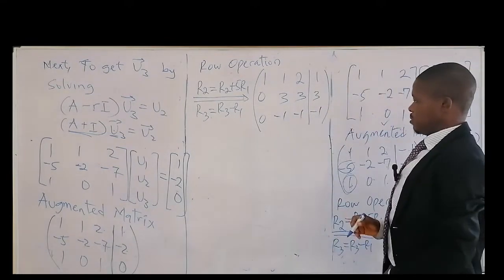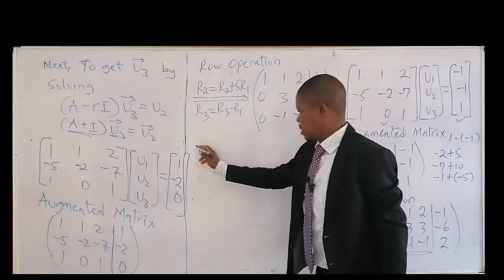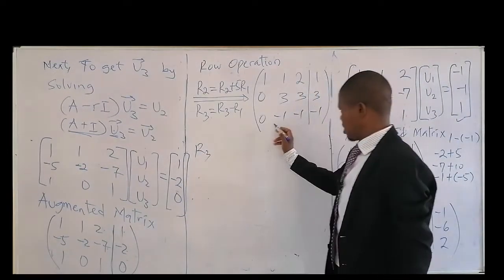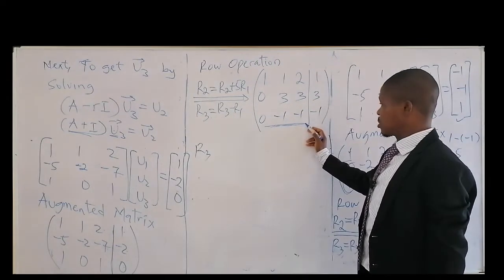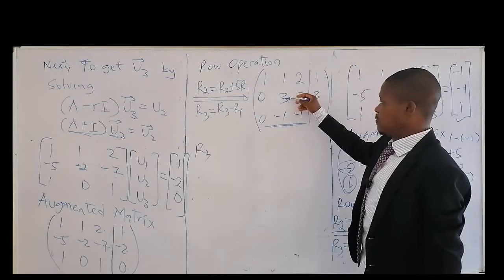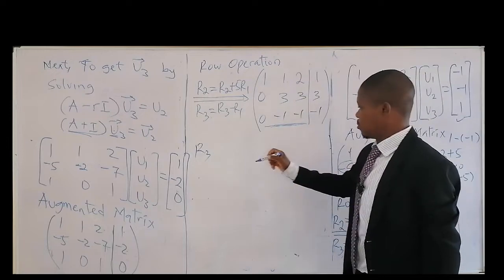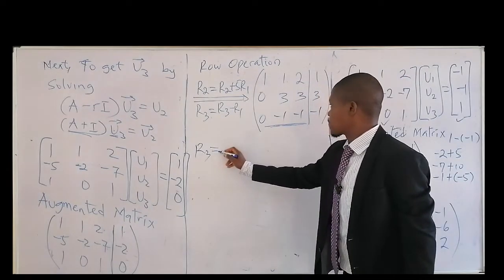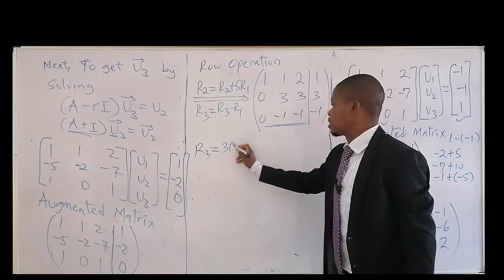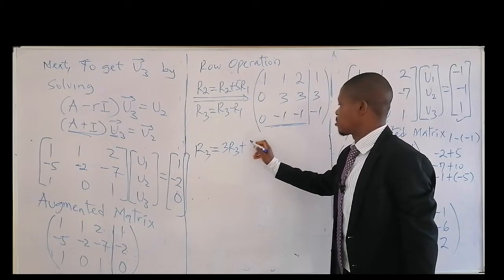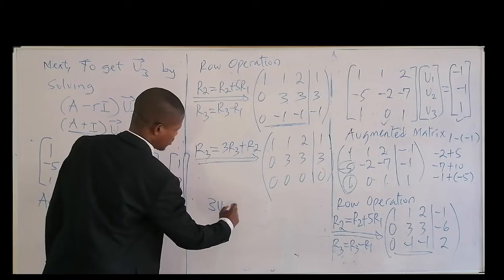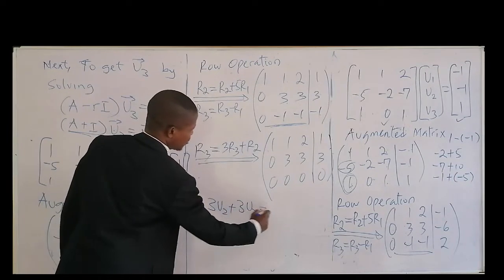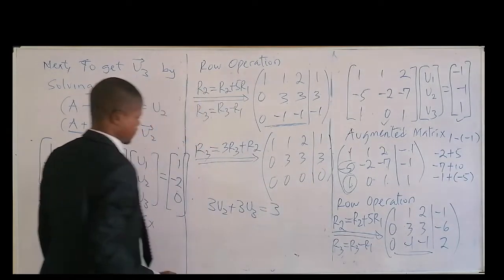Okay? What we do now, row 3, let's just make this third row to be all zeros. Okay? So I'll just solve second row and first row. So row 3 will be equal to 3 plus row 2. Second row will now become 3u2 plus 3u3 equal to 3.